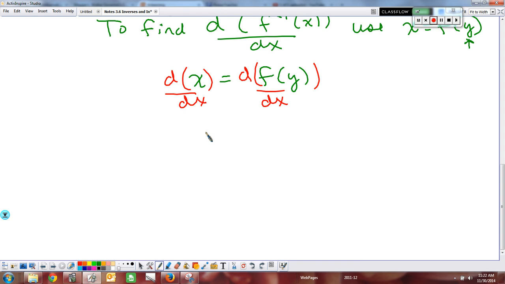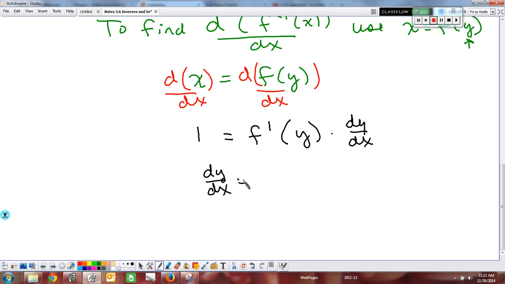The derivative of x is 1. The derivative of f of y, by the chain rule, is f prime of y times dy dx. We solve for dy dx, so dy dx equals the reciprocal of the slope of f at y. Because we wanted it in terms of x, not y, we substitute back in our corresponding point, and y was f inverse of x.